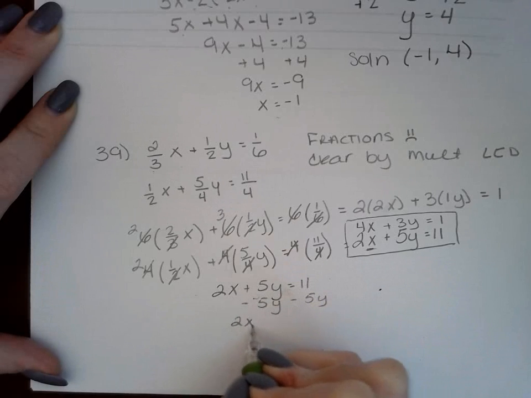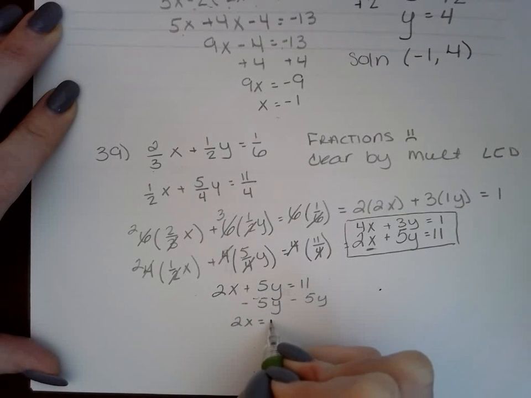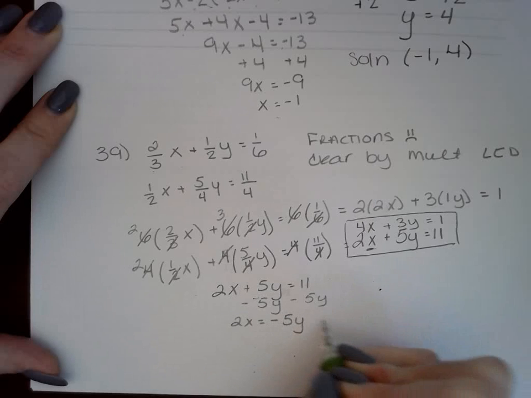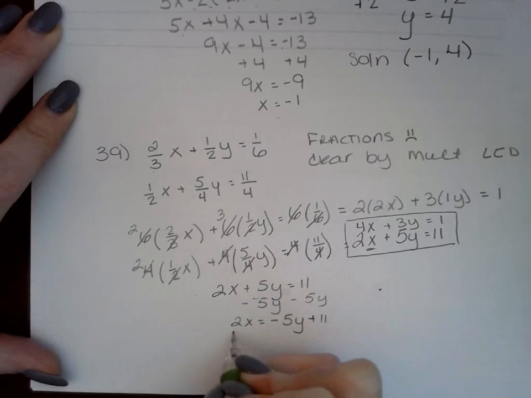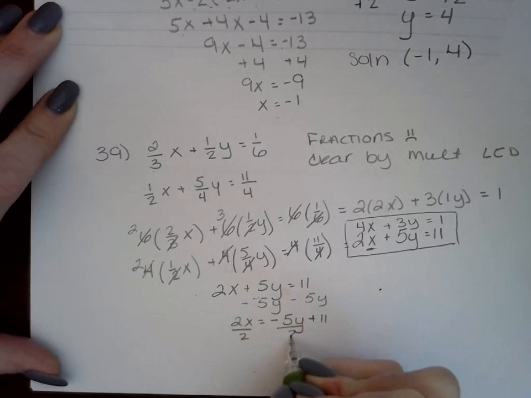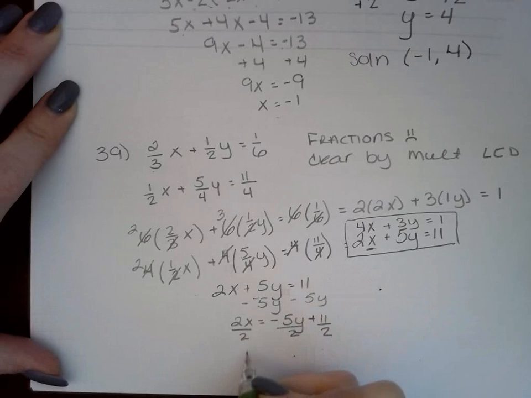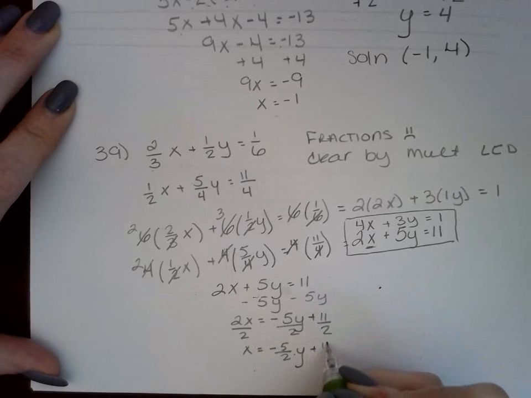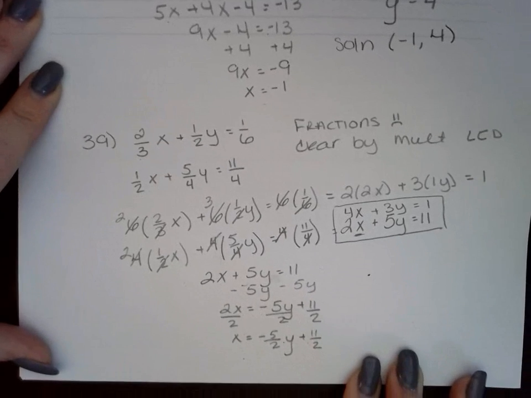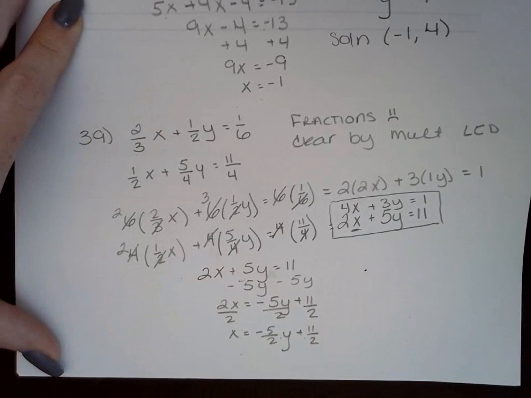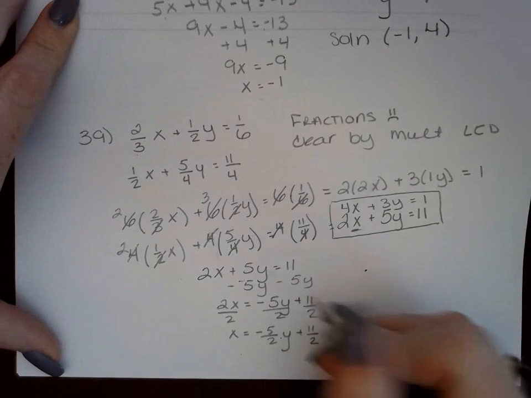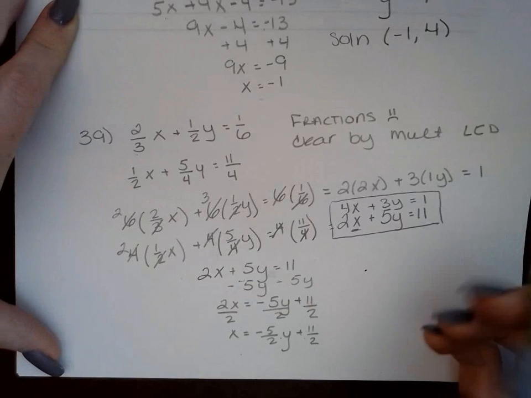So we have 2x is equal to negative 5y plus 11, and divide both sides by 2. So x is equal to negative 5/2 y plus 11/2. So I know it still looks like we've got fractions, but it's all right, right?